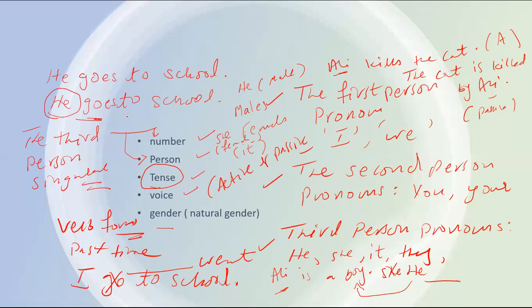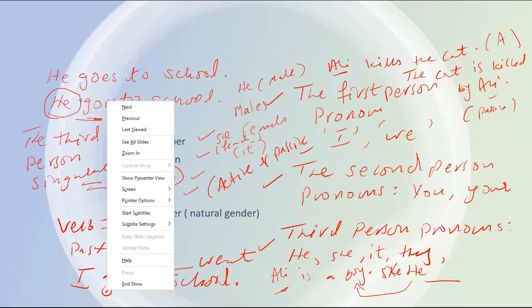And based on whether it's a third person, the first person or the second person, we have to make sure that the verb agrees with the person, or even the number.